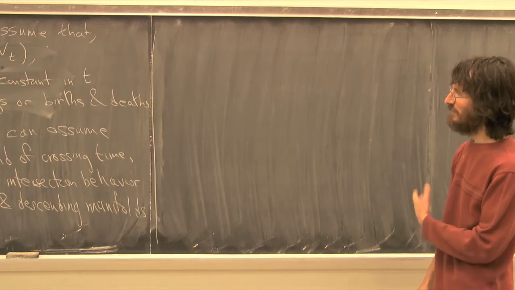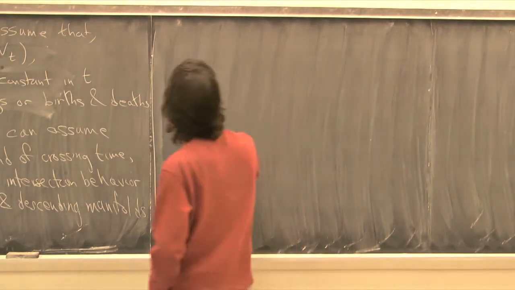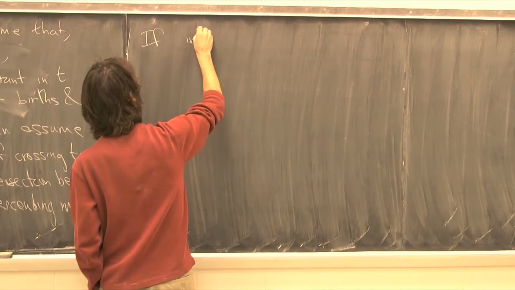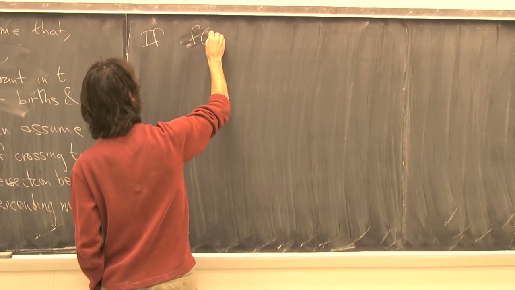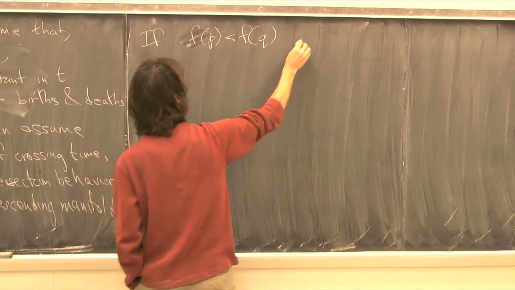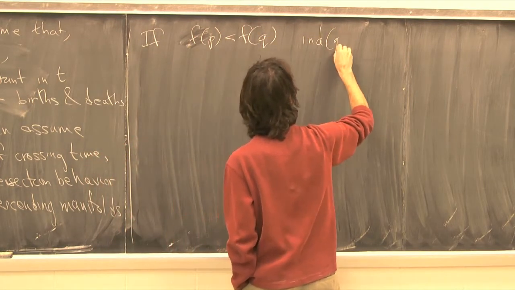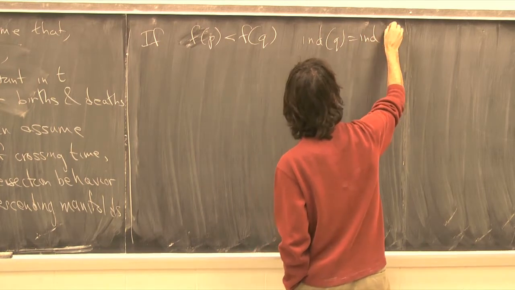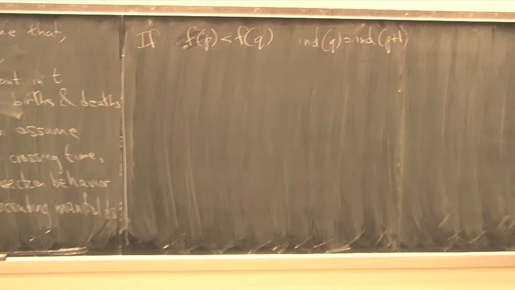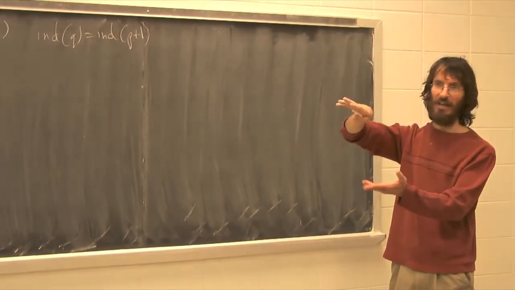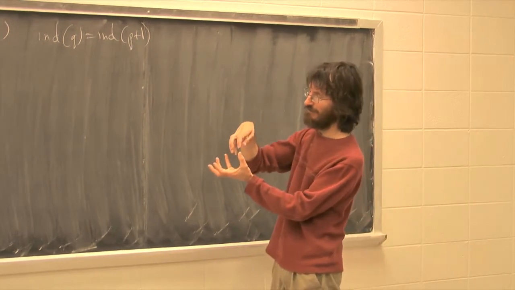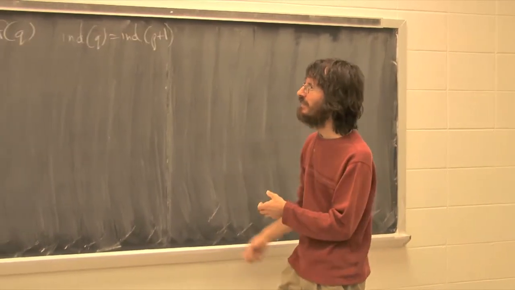The other thing that is worth commenting on is if I have two critical points f of p and f of q, one less than the other, and the index of q equals the index of p plus 1, then in general at any given time we might expect intersection between the ascending manifold for q and the descending manifold for p.